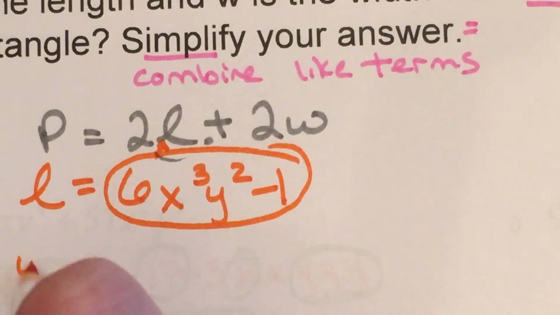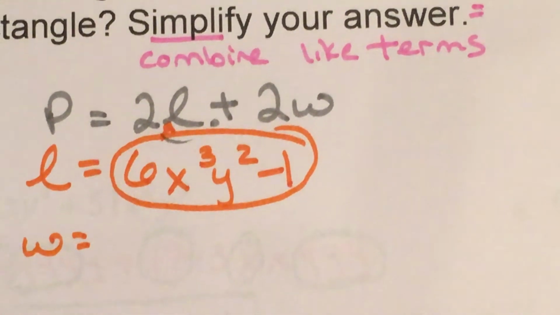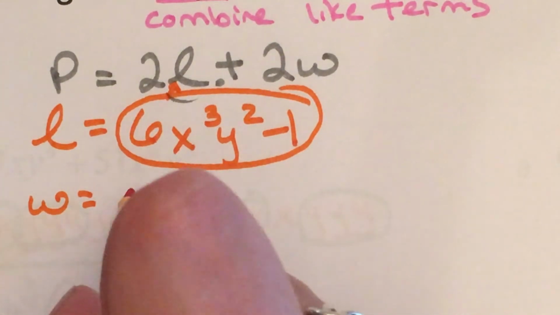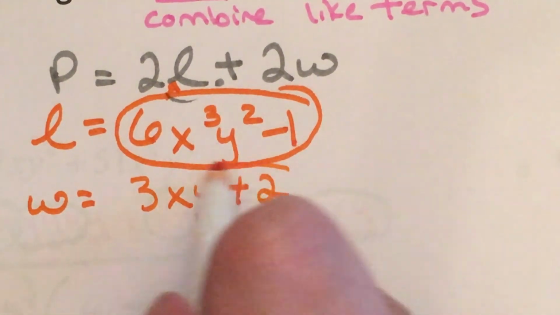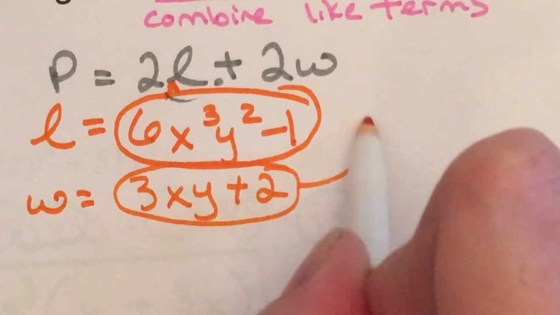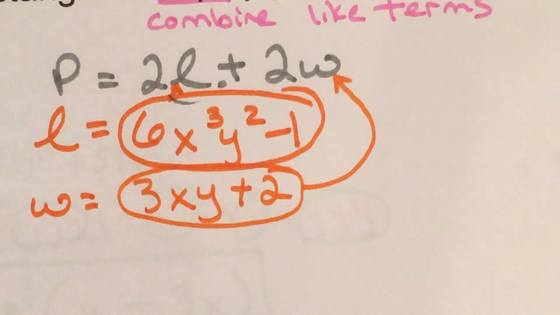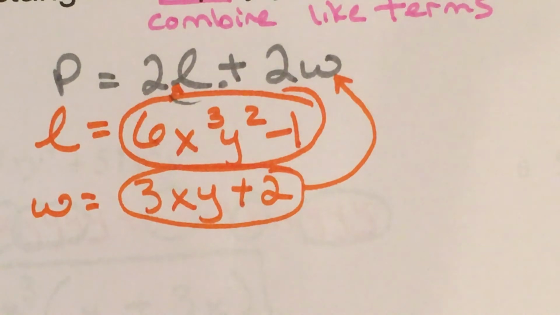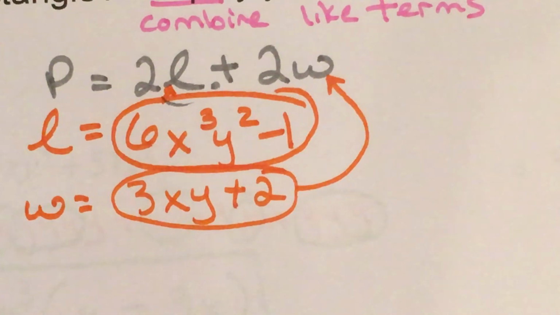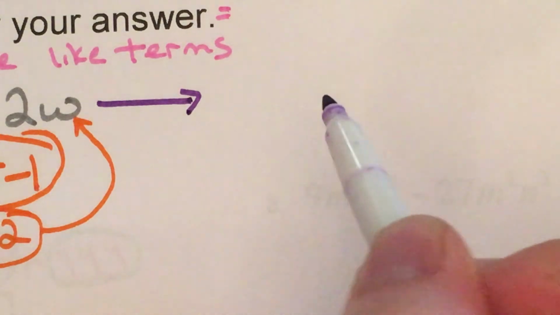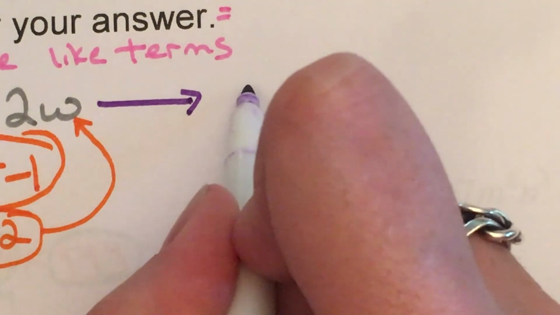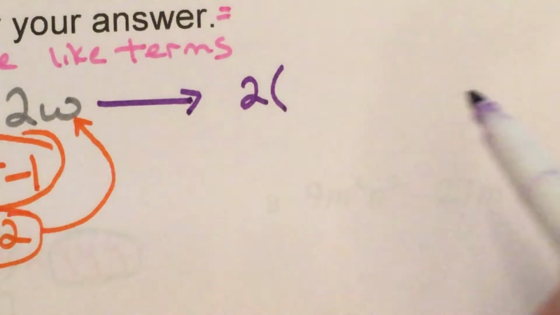We know that our width is 3xy plus 2. We're going to take all of this and put it in for that W right there. So let's rewrite. Here again, this is where parentheses are our friends. So I have 2 times the length.